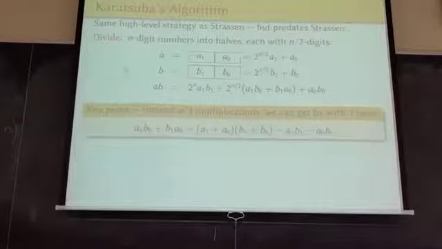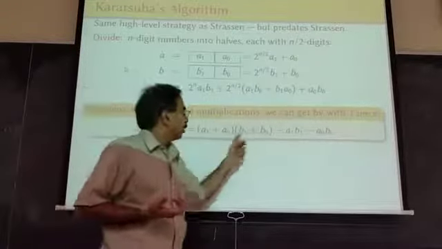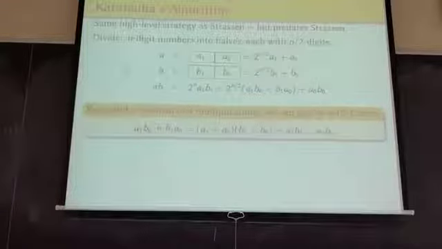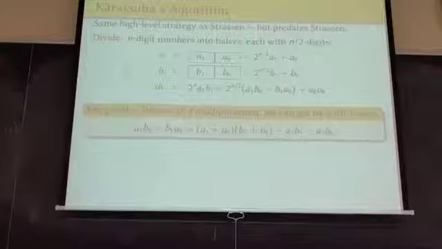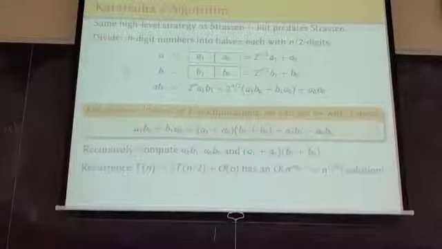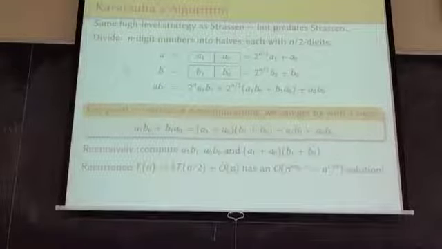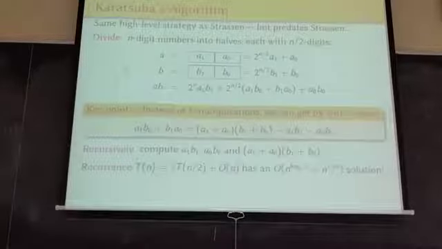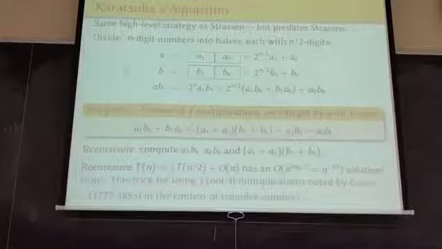But then there is this trick where you can get away with just 3 multiplications, and now again you have an instance of the same type of recurrence. And so you apply the master theorem and it gives you this solution. And this n to the power 1.59 obviously looks much better than n squared.